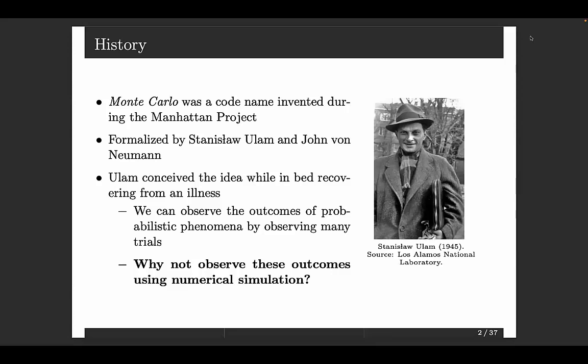Ulam was recovering from an illness, so he was in bed by himself playing solitaire, and he came up with the following idea, that in many probabilistic phenomena, especially those with complex interactions or complex games of chance, like the outcomes of a card game or solitaire, you can obtain the probability density just by observing many, many trials over time. Now, at the same time, the first computers like the ENIAC were being developed, so he asked, why not observe many trials of some complex system via numerical simulation?